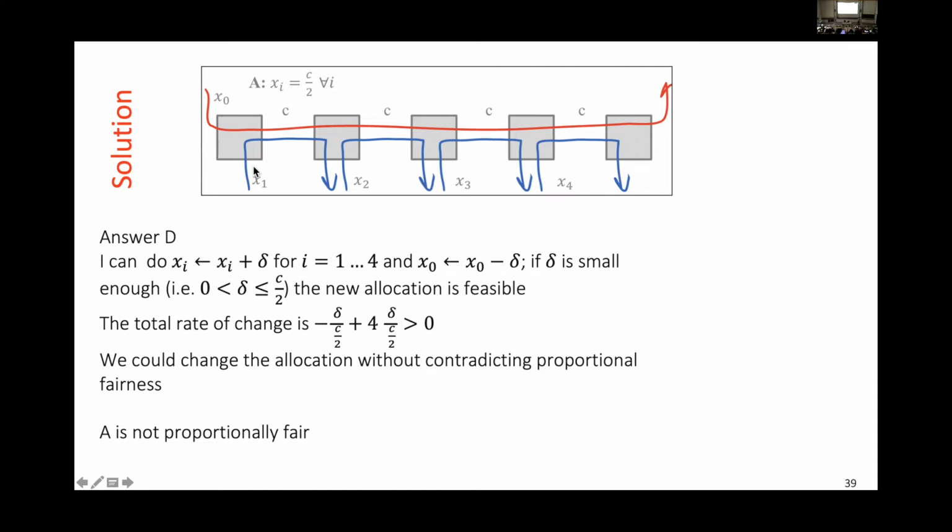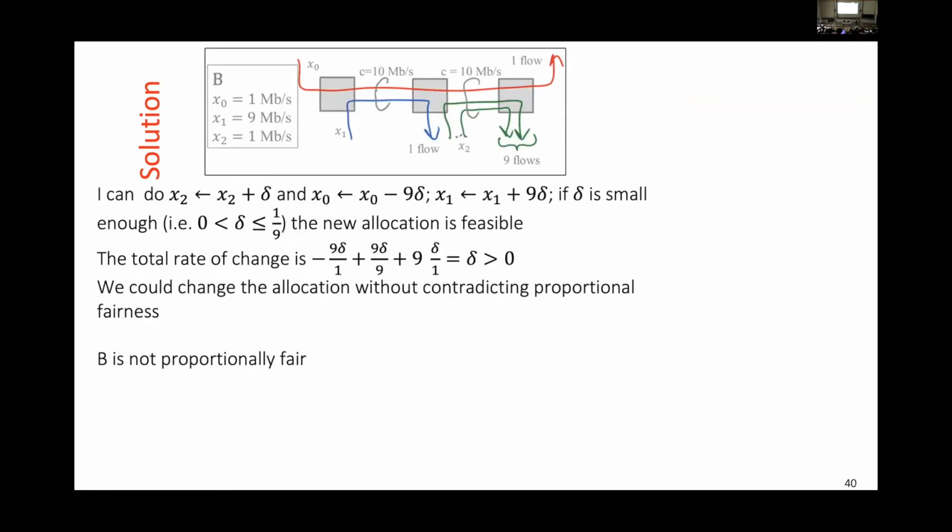And the rate previously was C/2. So the rate of change is the same thing with the positive sign, but we have 4 of them. So if we compute the total rate of change, we have computed a total rate of change that is positive, meaning that the previous allocation was not proportionally fair. So if we move toward this x prime, it would be more fair.